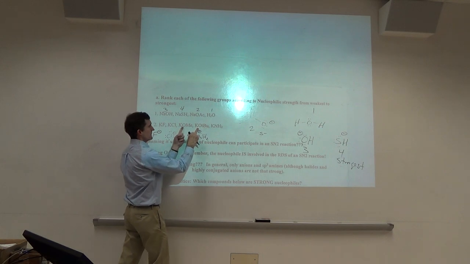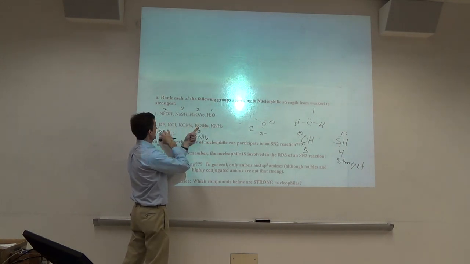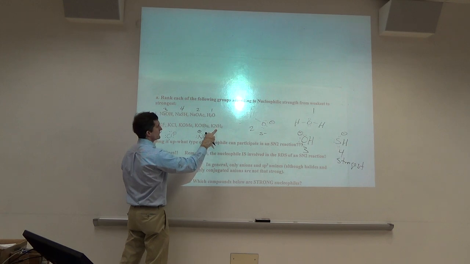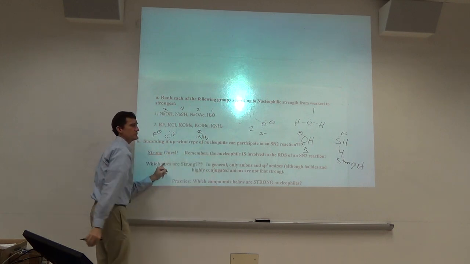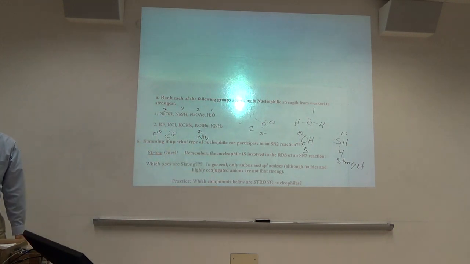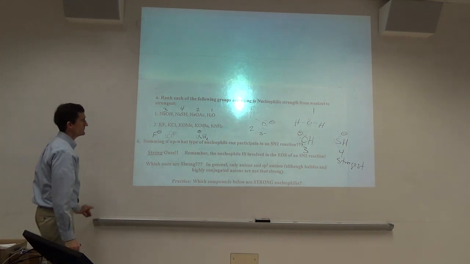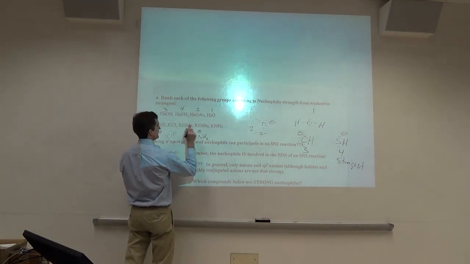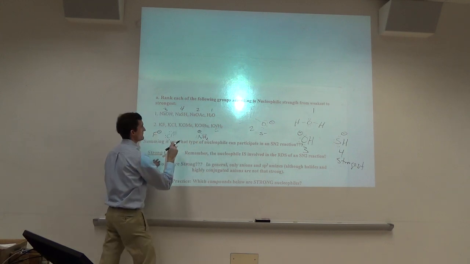There's no resonance in any of these. O minus or N minus? This is going to be your strongest up here. That nitrogen is not that electronegative. This is your strongest, so 1, 2, 3, 4, 5. That's your strongest, 5.